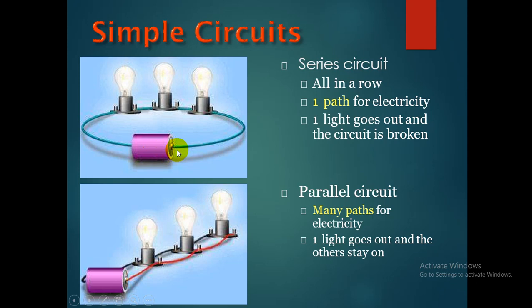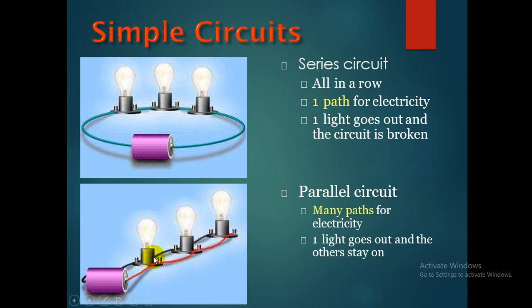Then this supplies the electricity to the bulbs which are connected in series like this. The current is coming like this, having a closed path through the three bulbs. So three bulbs are sharing the same amount of current.